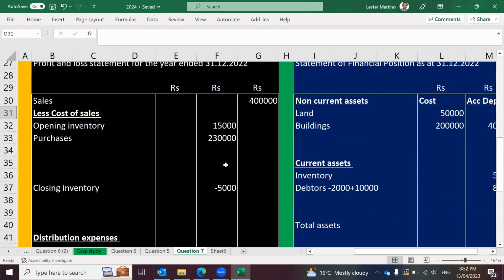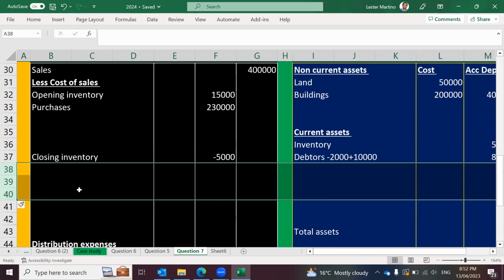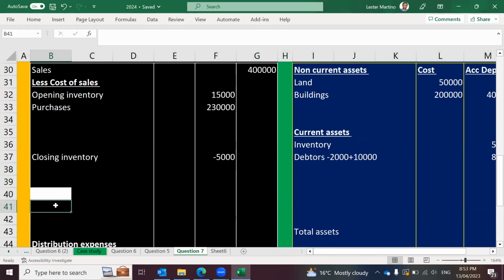That's another income. 5,000. Discount received, commission received, interest income on fixed deposit, all will come under other income.